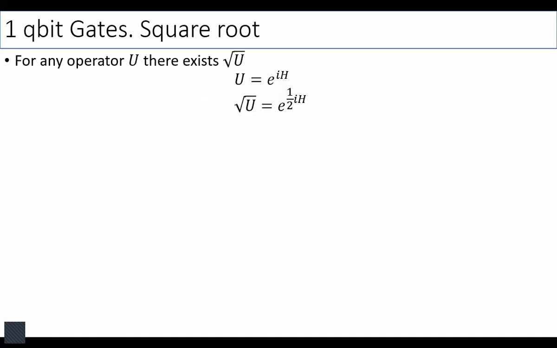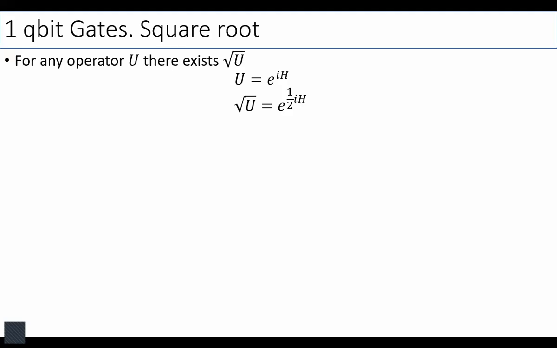I said that not all operators commute, and this has an important implication. First of all, for any operator there exists a square root of this operator, because any unitary operator can be represented as an exponent of i times a Hamiltonian.